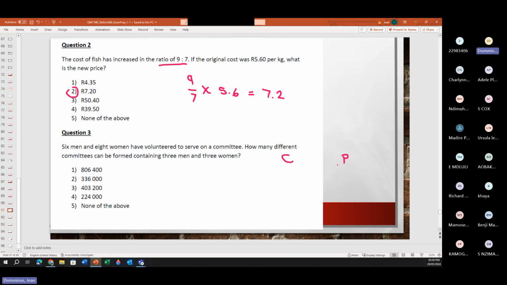So what would you have said, combination or permutation? Let's quickly read what it says. 6 men and 8 women have volunteered to serve on a committee. How many different committees can be formed containing 3 men and 3 women?